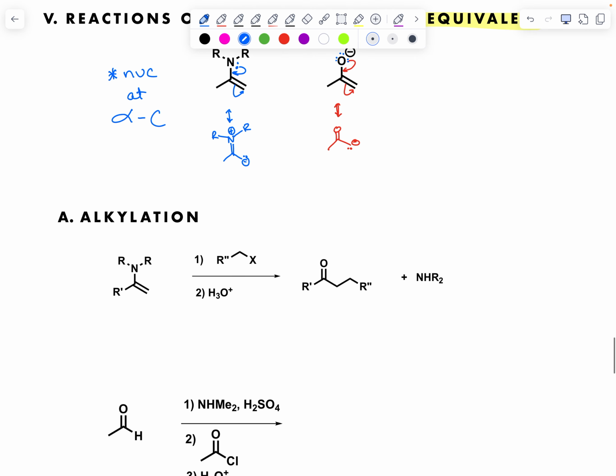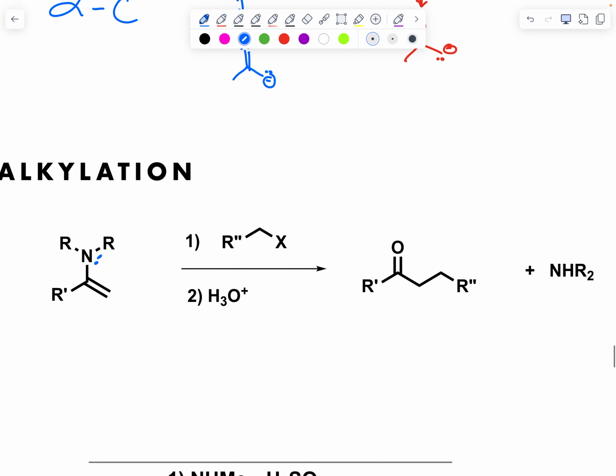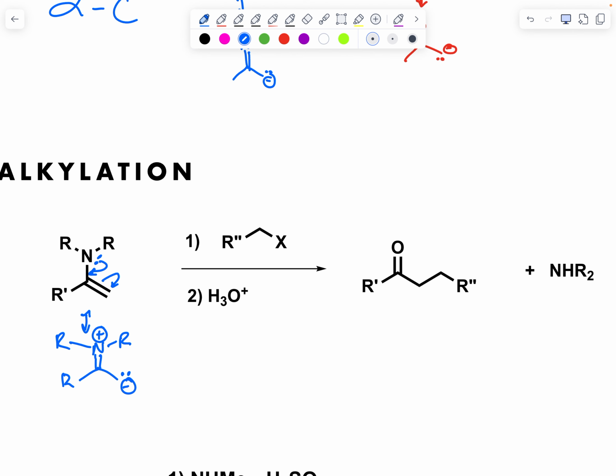So I'm redrawing this backbone. We have an equilibrium where we now have the nitrogen protonated. Good? So far, so good? All right. Now, we're going to have the lone pair on oxygen come down to form the carbonyl, and that kicks off the nitrogen.